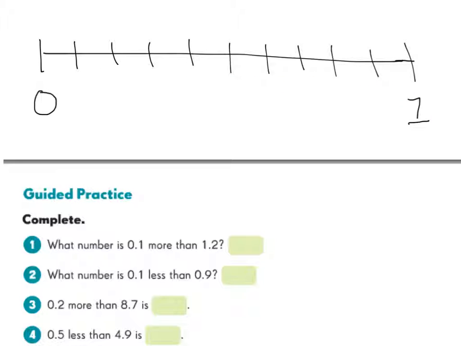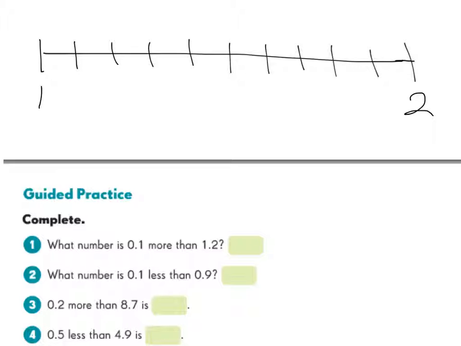Is this number line going to be helpful for us in this problem here? We know that it's not, because 1 2/10 is not between 0 and 1, but rather it is between 1 and 2.